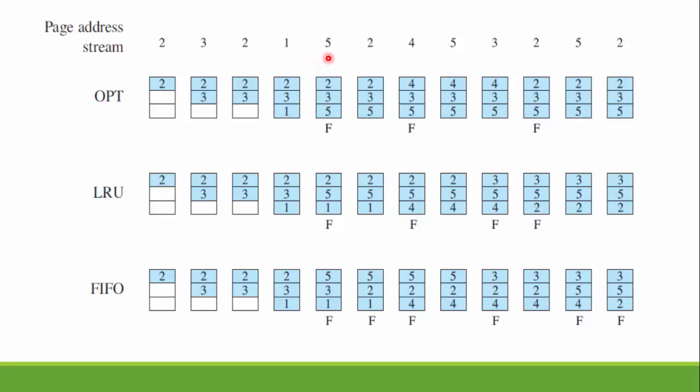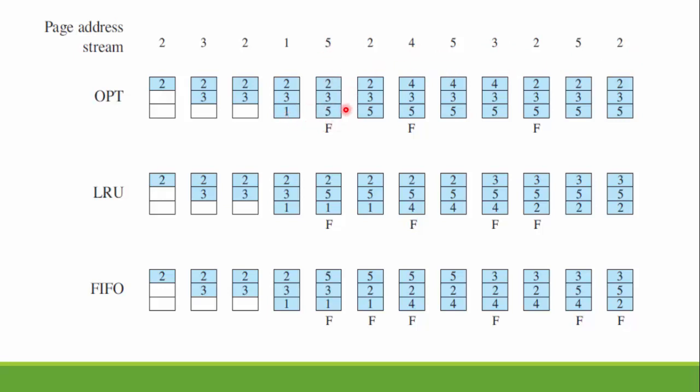Okay, so 5 is not there, there's going to be a page fault, and the space is not there, so we need to replace something. Which one should we replace? The one which we are least likely to use in the future. So we will look into the future this side. We have 2, we have 4, we have 3, and we don't have 1. So we will replace 1.